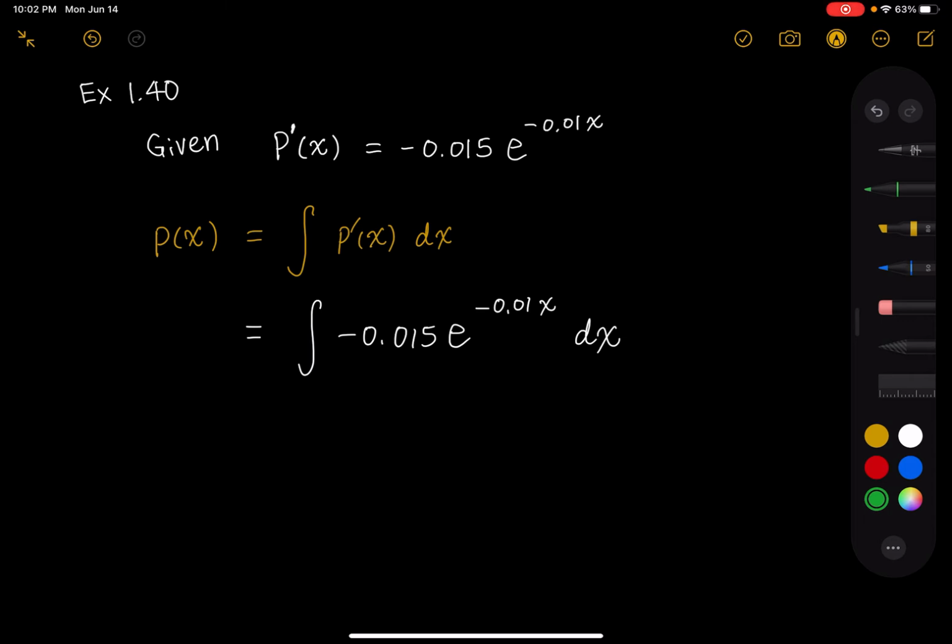And usually, the u is something that is inside a parenthesis, and there is a hidden parenthesis right here in the exponent. So we'll set our u to be negative 0.01x. So our du will be negative 0.01 dx.